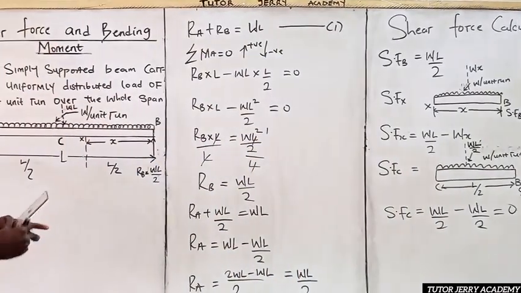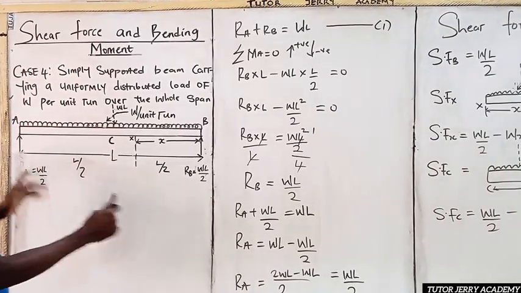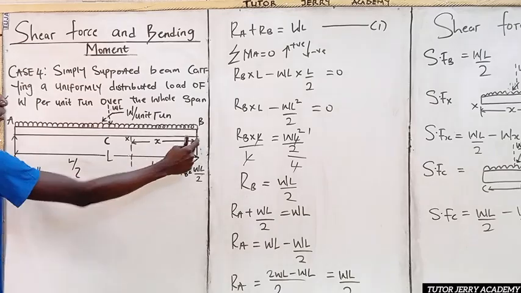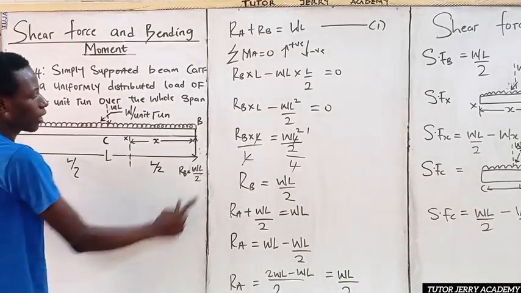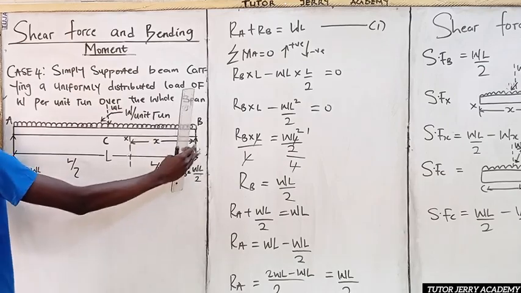Now to get the shear force at A, from here we can see what we have on the board here. We have a beam of length AB. So to get the shear force at A, it will be nothing but WL all over 2 minus WL. Don't forget, this is the total length of AB.